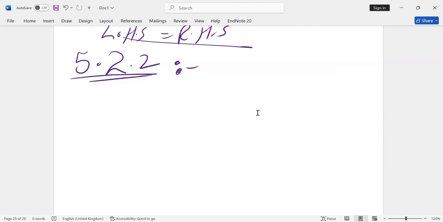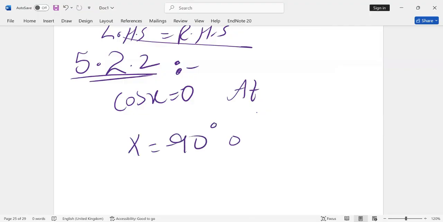So the identity is undefined when cos x equals 0, and in the interval x belongs to minus 180 degrees to 180 degrees, cos x equals 0 at x equals minus 90 degrees or x equals 90 degrees. So this is the required thing that we need to find out in this question.